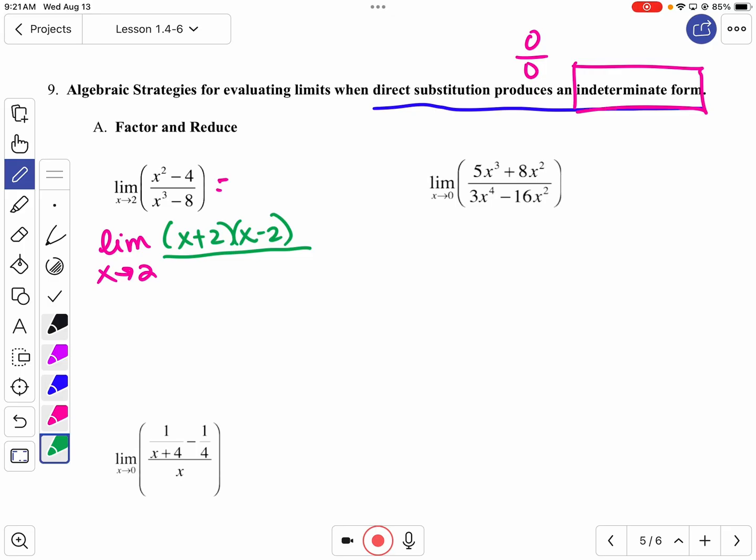Let's factor the denominator. That's a difference of cubes. It's been a hot minute since we've done that. Remember, the first parenthesis is the cube root of both those pieces, so that would be x and 2. When you factor a cube, it gives you a binomial and a trinomial. Remember, we use that phrase SOAP: same sign, opposite sign, always positive.